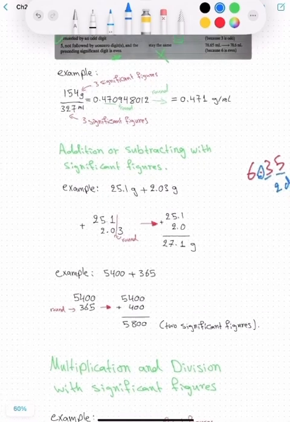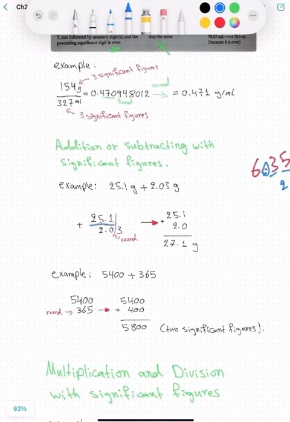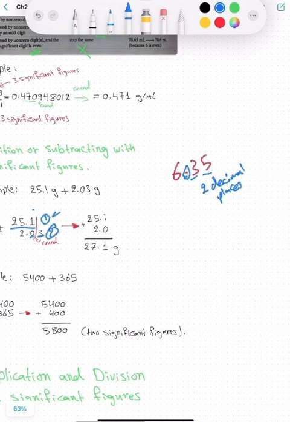Let's say we have 25.1, so 1 decimal place, 1 number after the decimal. The other one is 2.03. We have 2 decimal places. We have to round them so that both of them have only 1 decimal place. Look, 25.1 plus 2.03.